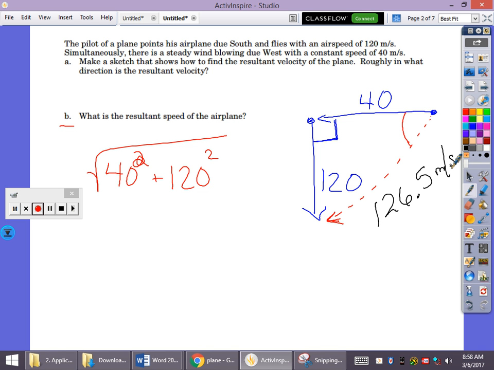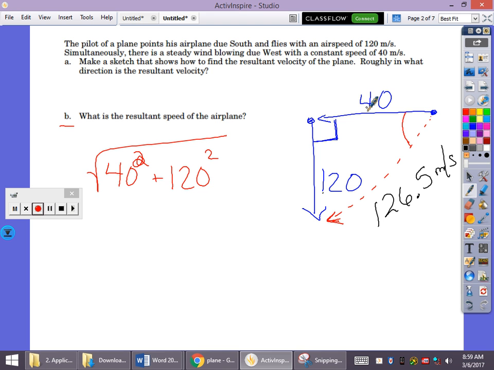How might I find that resultant angle, this angle here? I could use the law of sines, but it's a right triangle, so there's something simpler. Just trig identities. I can use SOHCAHTOA. We're going to use the two given values. We never use one that we found, in case we made a mistake.